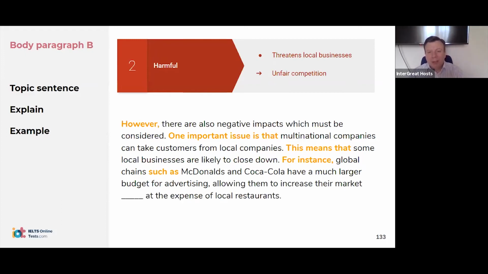Allowing them to increase their market, what? Bonjour, good. Vinny, yeah. Market share at the expense of local restaurants. However, we're going to make a concession again.